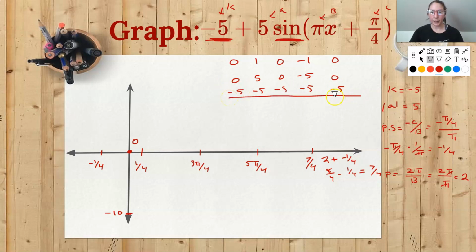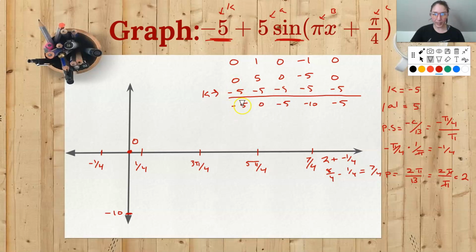How are my y values going now? I'm starting off at negative 5. 5 minus 5 is 0. 0 minus 5 is negative 5. Negative 10, and then negative 5. So here's how to enact the vertical shift with your y values. Without the k, this would have been my y values. Because I'm shifting everything down 5, I'm taking all my y values and subtracting 5 from them. And now here are my new y values.